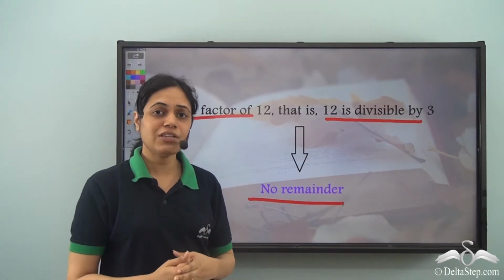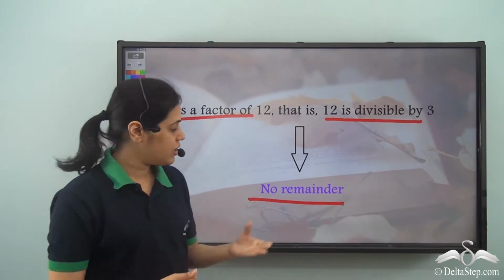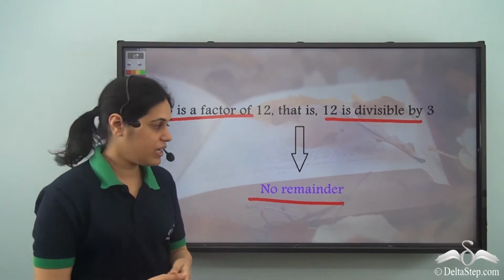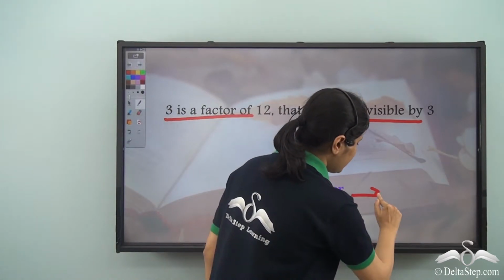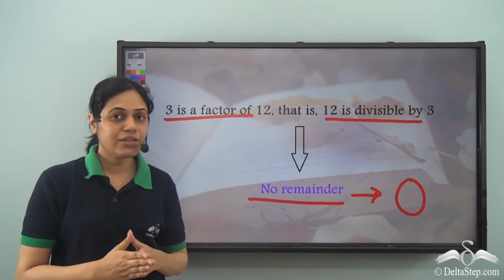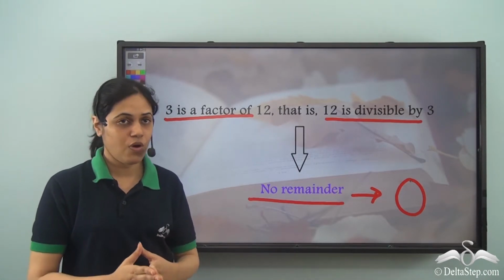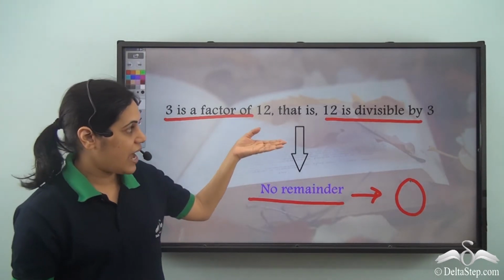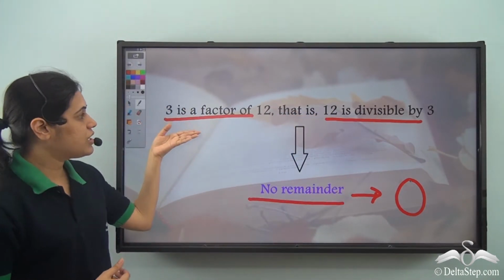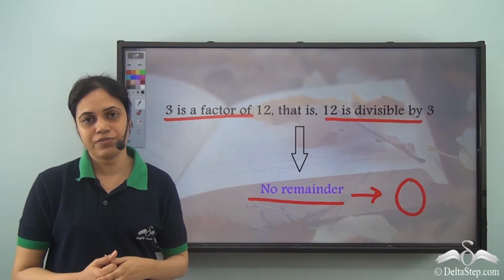How do I see that? By seeing the remainder. If the remainder after division is 0, I can say that 12 is divisible by 3, or 3 is a factor of 12.